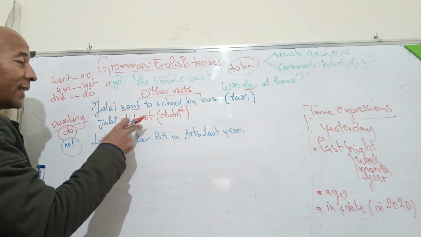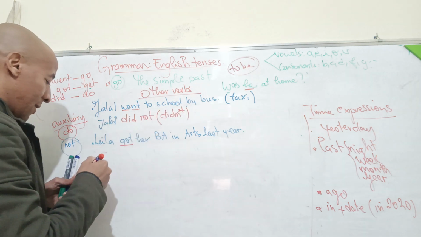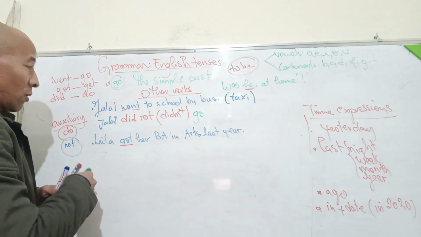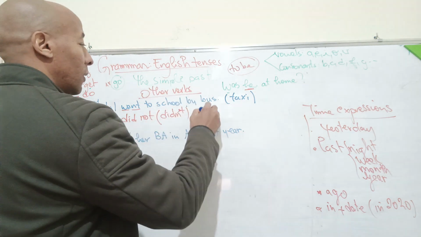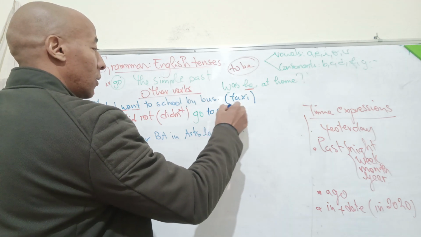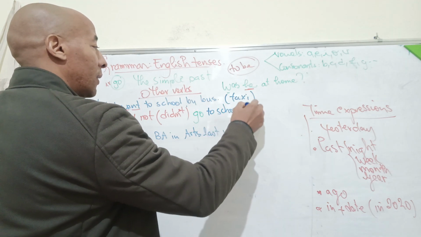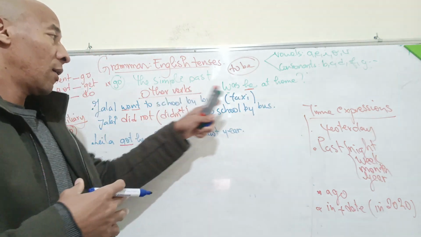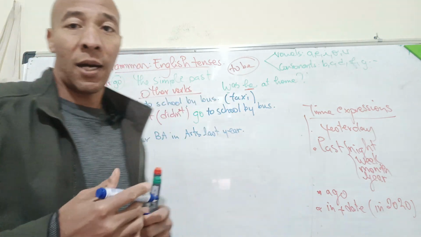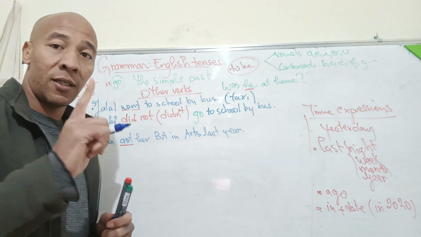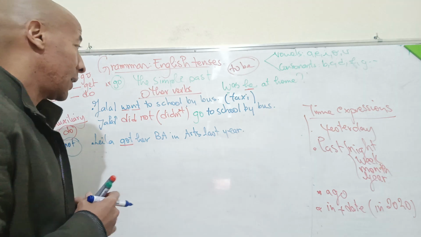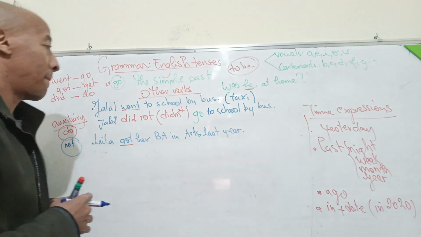So, Jalal did not or didn't go to school by bus. He went to school by taxi, right? So he did not go to school by bus, but he went to school by taxi.